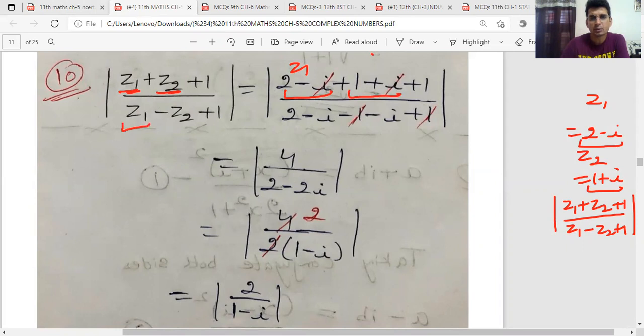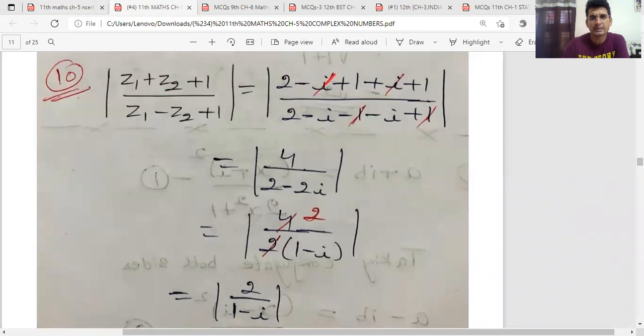Again z1, 2 minus iota, minus z2, value of z2 is 1 plus iota, which will become minus 1 minus iota plus 1. Then what we will have: minus iota plus iota will be cancelled out. 2 plus 1, 3 plus 1, 4. Minus 1 plus 1 will be cancelled out. 2 minus iota, that is minus 2 iota.